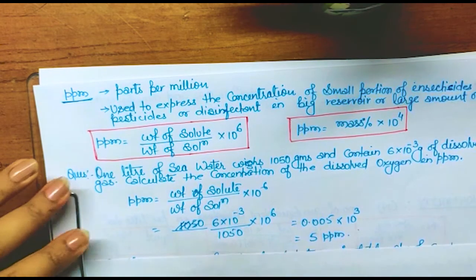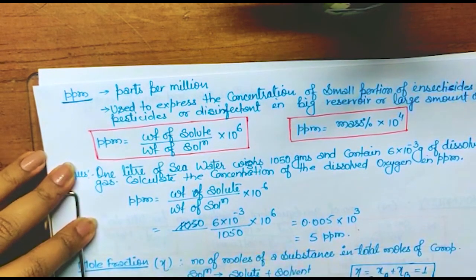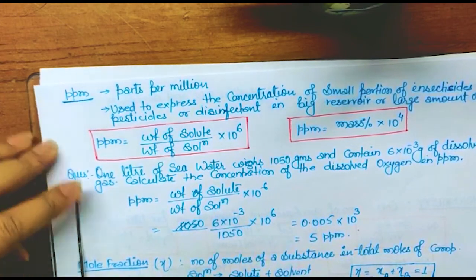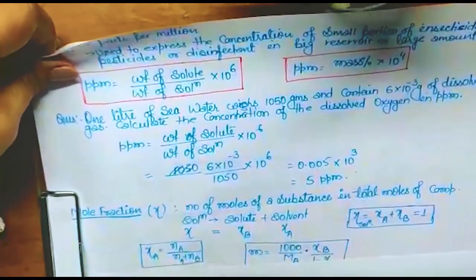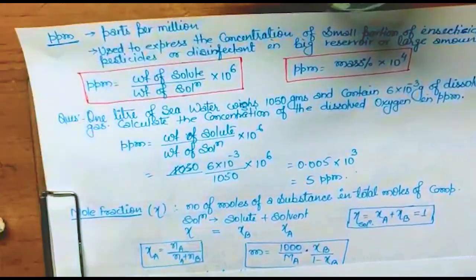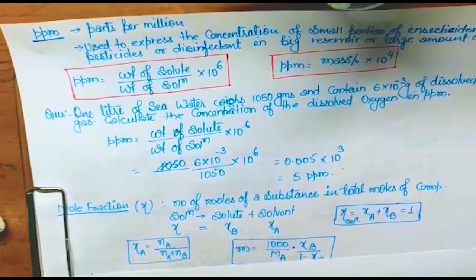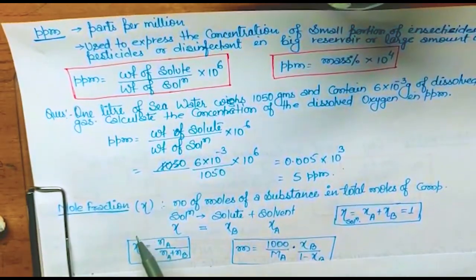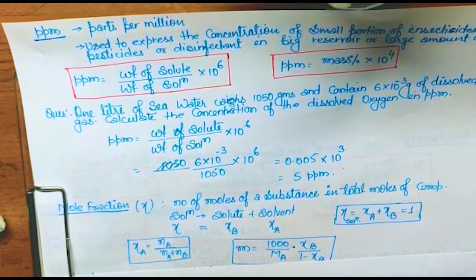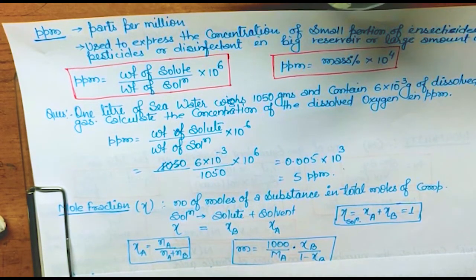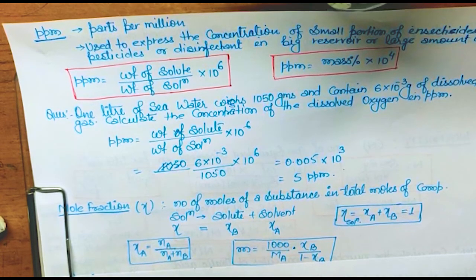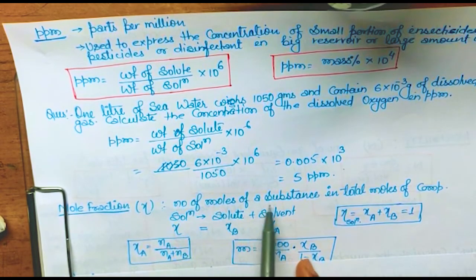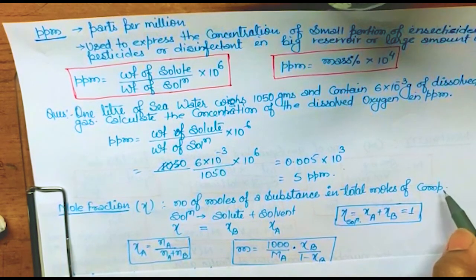Okay, now I'm starting the new topic, that is mole fraction. It's also very small because only the formula based we will do. So it will not take much time. Okay, mole fraction. You know that mole fraction means fraction of one component in whole amount, isn't it? So number of moles of substance, either solute or solvent, in total moles of solution.